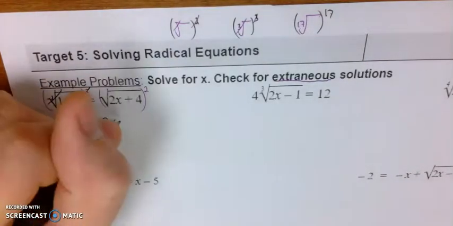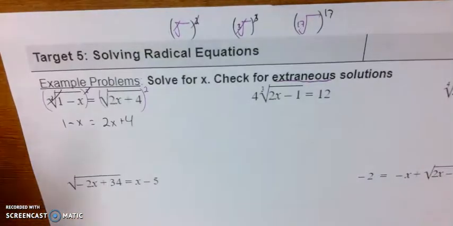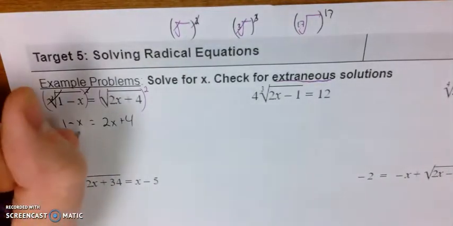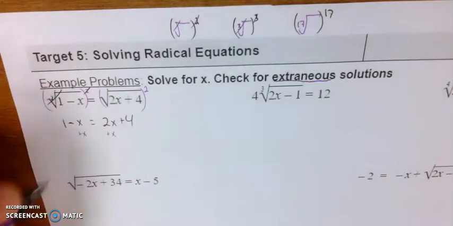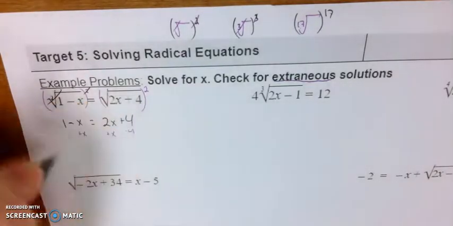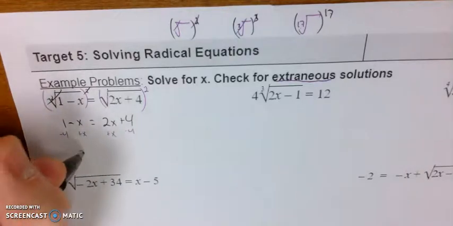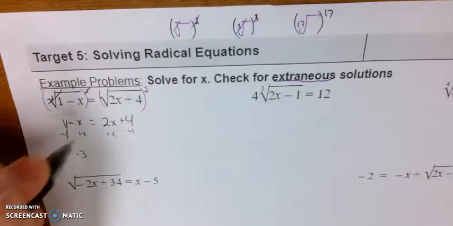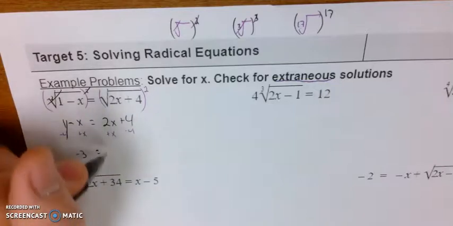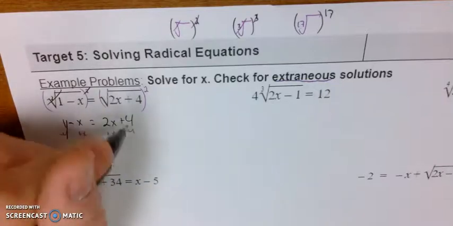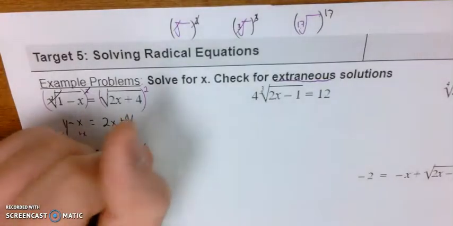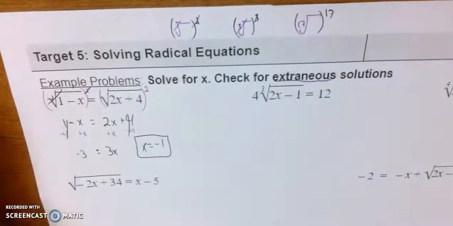equals 2x plus 4. Well, now this is just a straight up equation to solve. I could add 1x to the other side, subtract away 4. So now I'd have 1 minus 4 is negative 3, x's cancel, equals 2x plus x is 3x, 4's cancel, therefore x is negative 1.